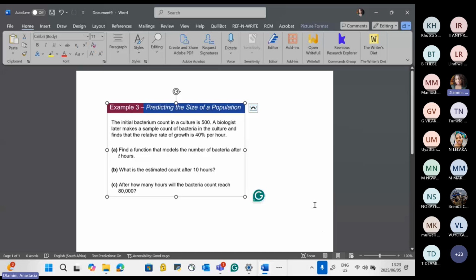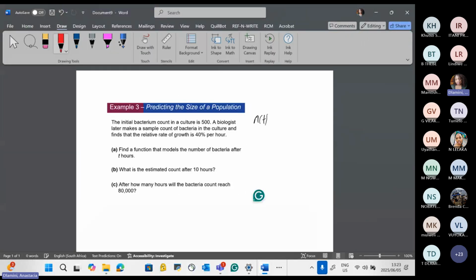So they say initially a bacterium count in a culture is 500. A biologist later makes a sample count of bacteria in the culture and finds a relative rate of growth of 40% per hour. Which formula are we using?